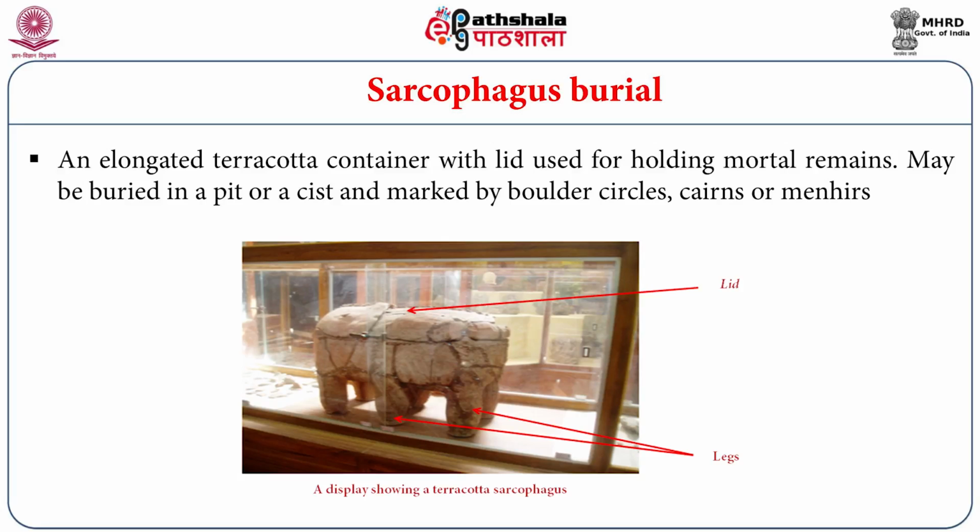In Andhra Pradesh, at a site called Shankavaram, they have found a sarcophagus which resembles a male goat, that is, a ram. This particular specimen is kept at the Madras Museum. In Kerala, they found a sarcophagus in the form of a cow. Likewise, we occasionally find certain sarcophagi in the form of animals.